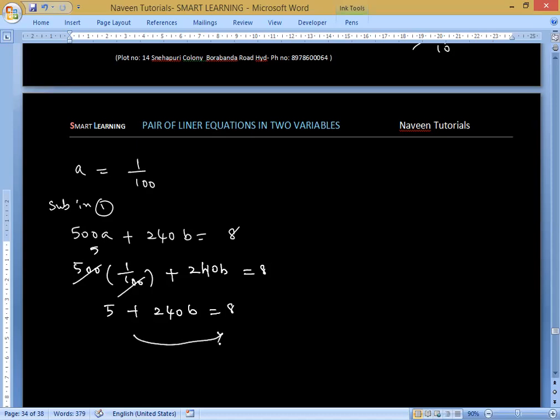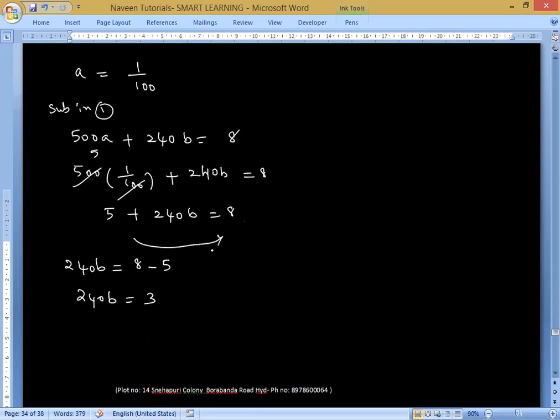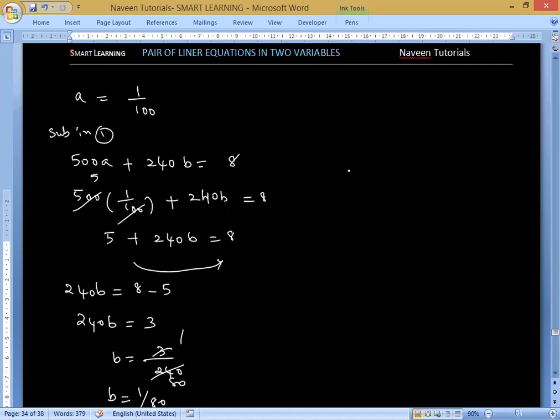Moving 5 to the other side, 240B is equal to 8 minus 5, so 240B is equal to 3. So B is equal to 3 by 240, which is 1 by 80. So here we get A as 1 by 100 and B as 1 by 80.